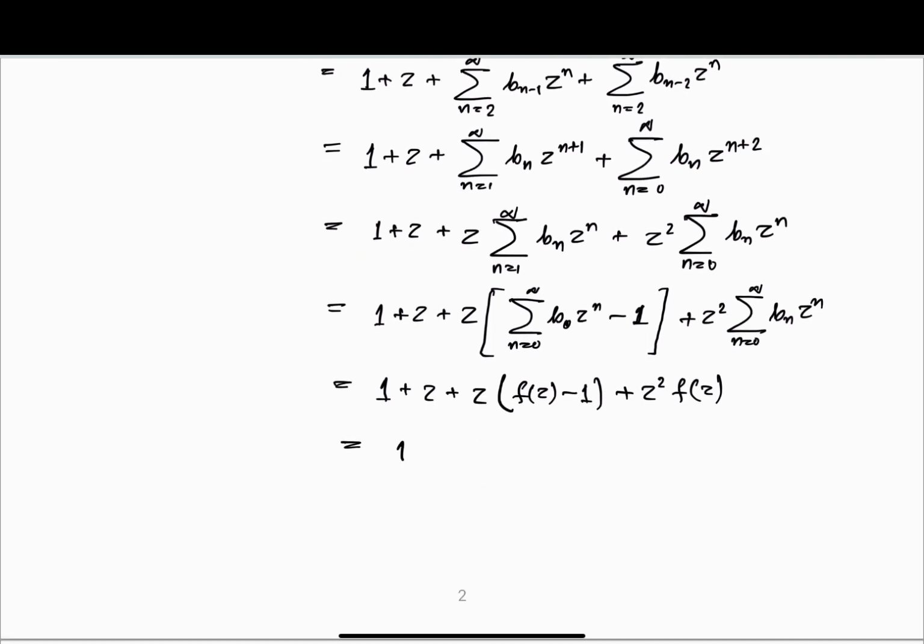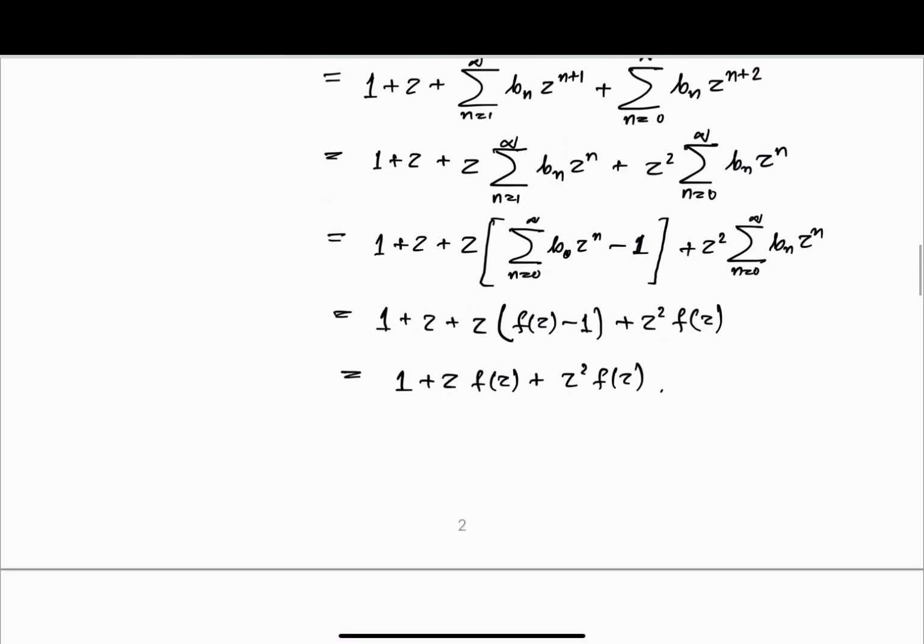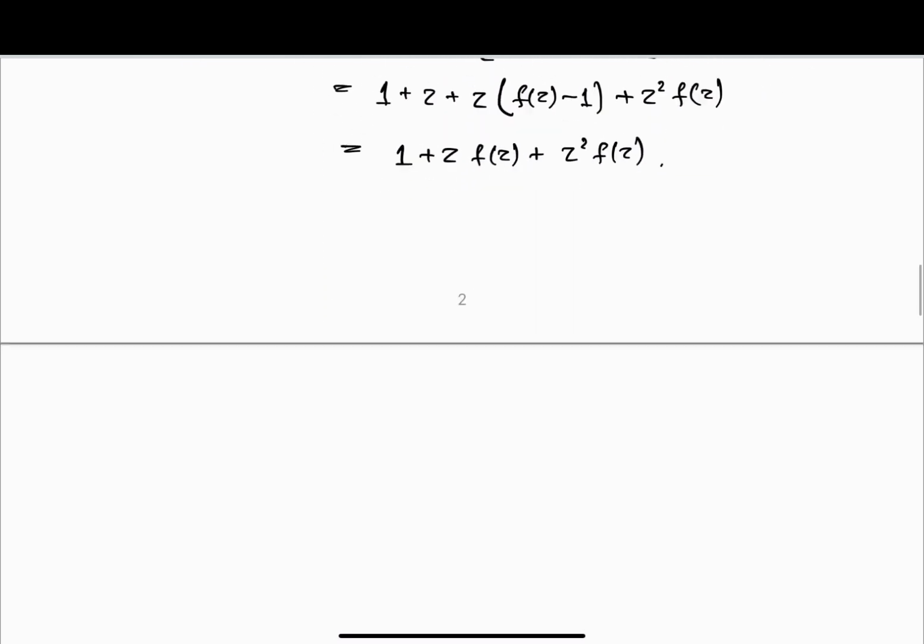If you simplify this, you will get 1 plus z f(z) plus z square f(z). So f(z) equals this. Now take all the f on one side. Therefore f(z) equals 1 plus z f(z) plus z square f(z).